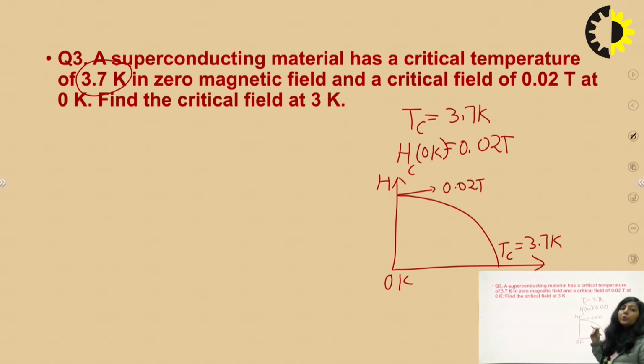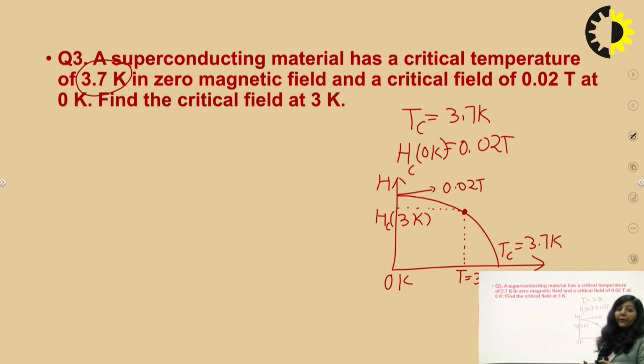In this particular question, the critical temperature is defined, it is 3.7 Kelvin. In addition, at 0 Kelvin the critical magnetic field is defined, and it is 0.02 Tesla. Below this Tc, a temperature of 3 Kelvin is given, and at that temperature we have to find the minimum magnetic field required to destroy the superconducting behavior. So we have to find Hc at 3 Kelvin. Again, we are going to adopt the same method.